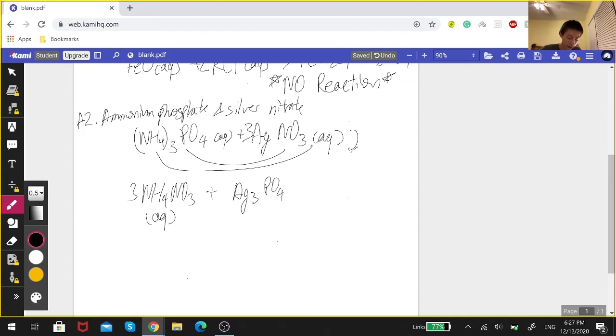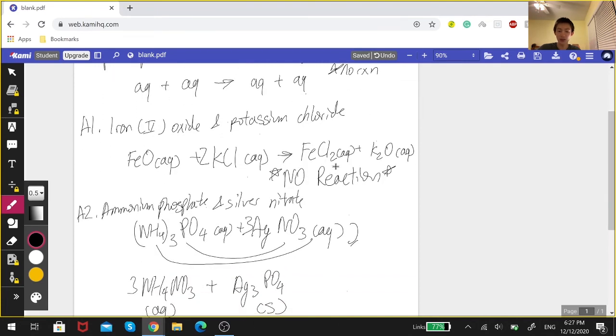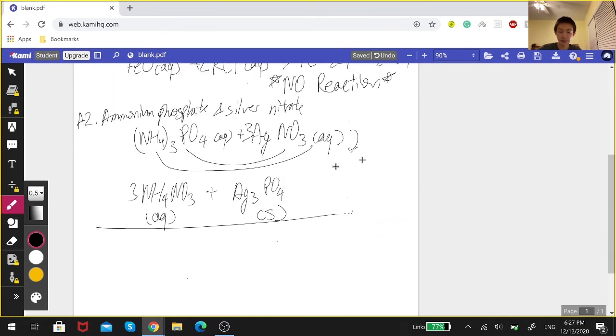PO4 is phosphate, and all phosphates are solid except for group 1A and ammonium. Ag is not in group 1A and it is not ammonium, so that means this is insoluble, aka solid. Is there a solid, liquid, or gas, aka precipitate? Yes, there is. So that means there is a reaction in the second one.